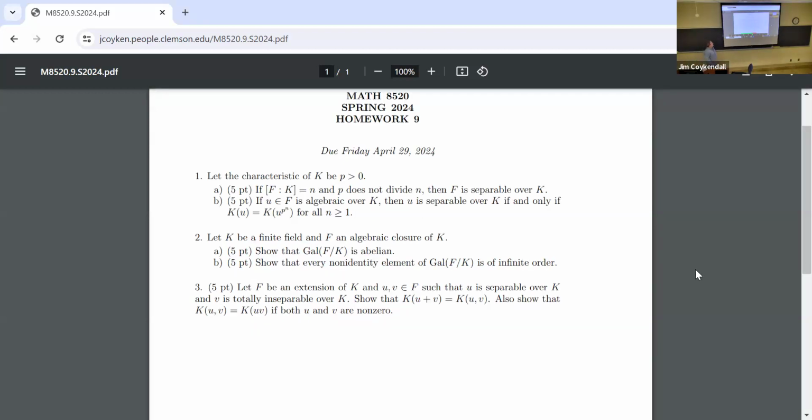Suppose first off that you have a field K of characteristic p bigger than 0.